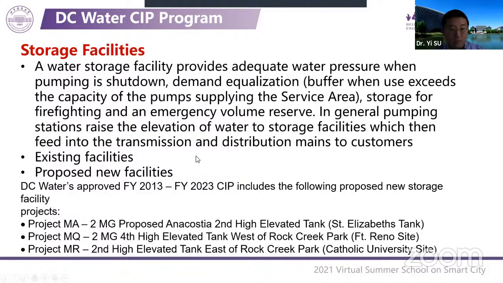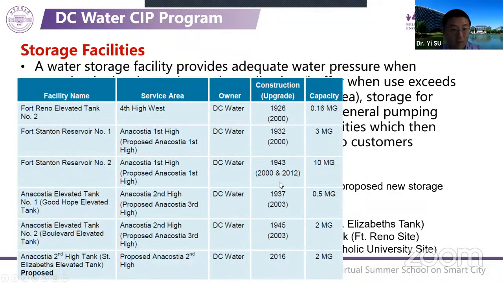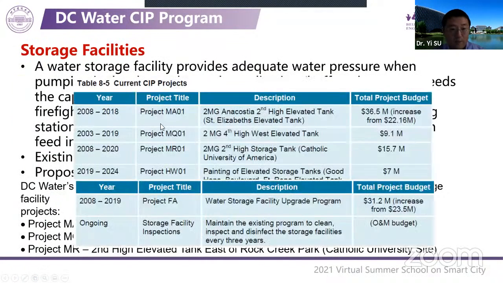So there are 2 parts, existing facilities and new facilities. And DC Water approved budget to build new storage facilities, like those 3 projects. So storage facilities, their capacities, and past and future projects and budget for those facility projects.